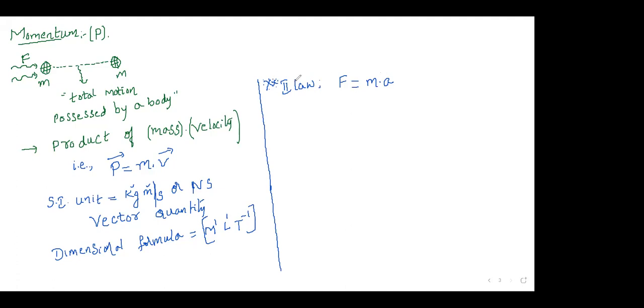Now, consider a scenario like this. This is one particle. I am applying a small amount of force. Because of this force, the body has taken this amount of motion. This is the motion possessed. Can you tell me what will happen if I increase this force? It will possess more motion or less motion?